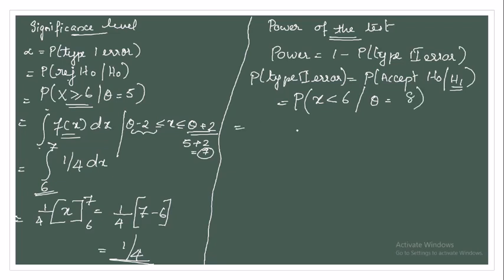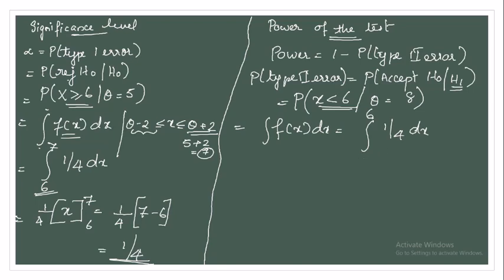Now how will you write this in terms of integration? Integral f of x dx, which is equal to integral, what is your f of x over here? 1 by 4 dx. What about the limits? See, x is less than 6, so the upper limit, the maximum that x can take in this case, is 6.